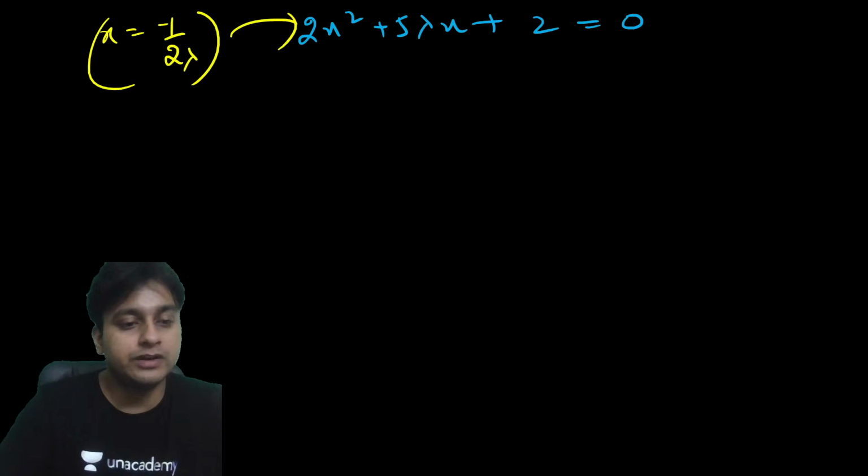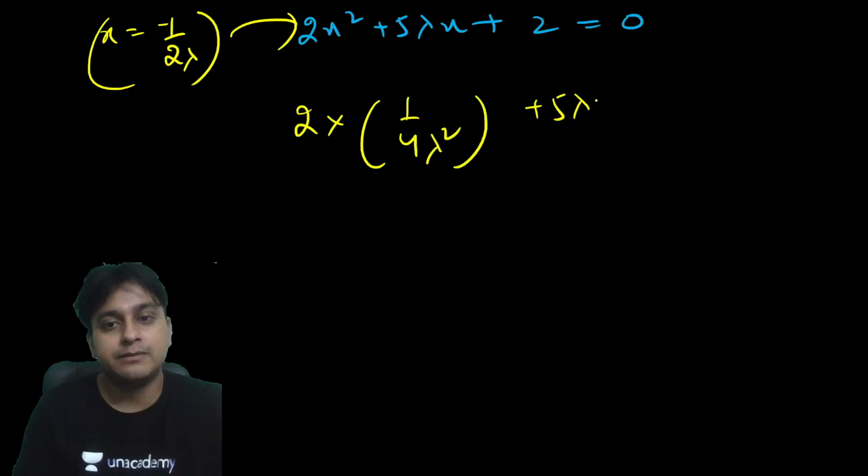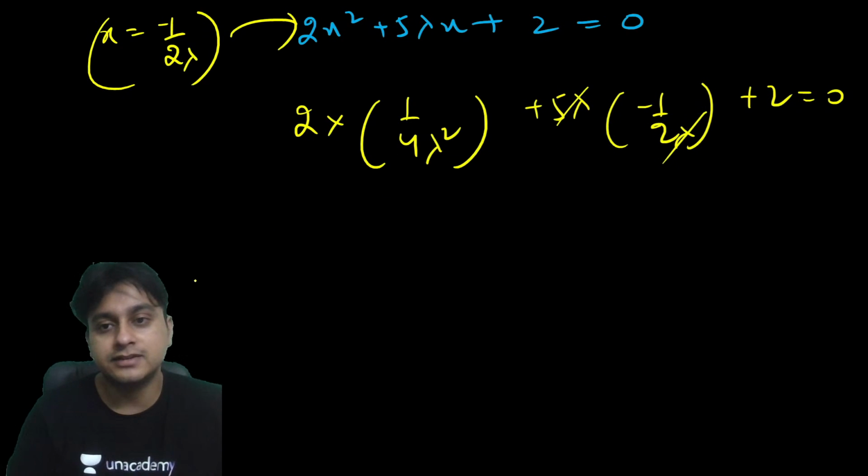So guys, let's put it in this equation. When you put it here, are we getting 1 by 4 lambda square, then 5 lambda into minus 1 by 2 lambda, plus 2, right? So what are we getting, guys? Lambda cancels.